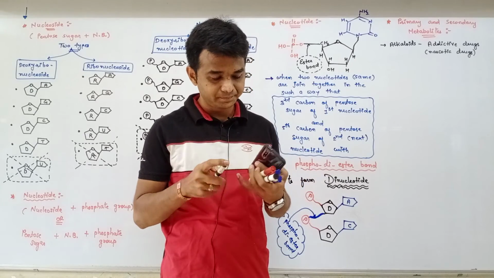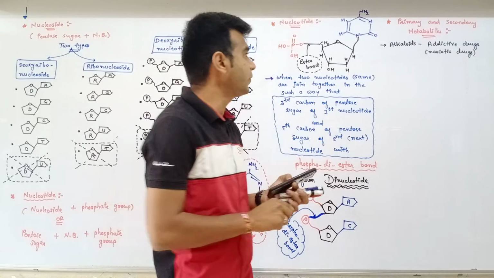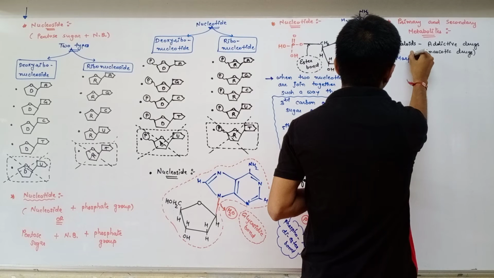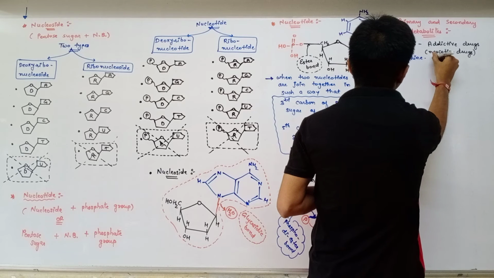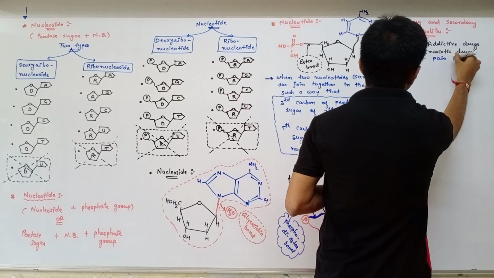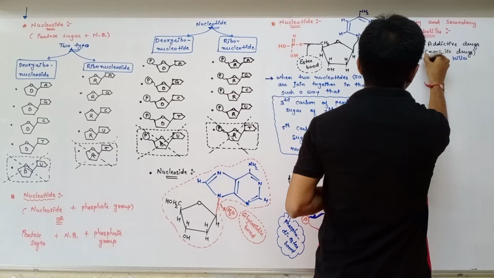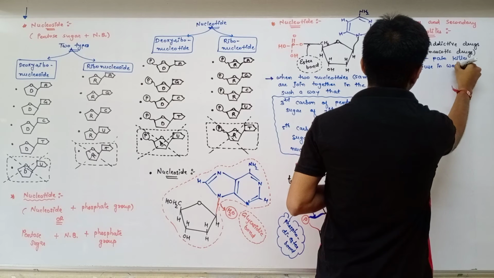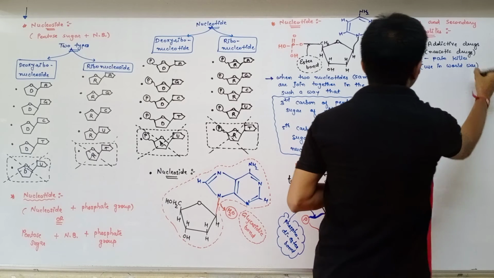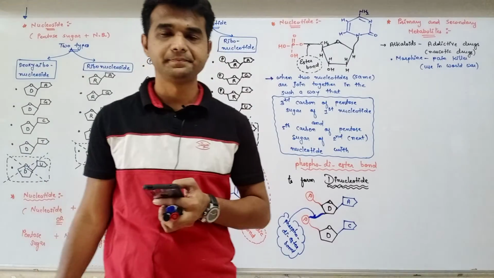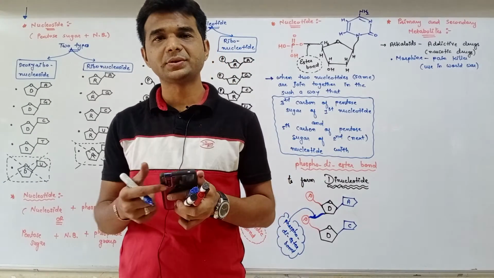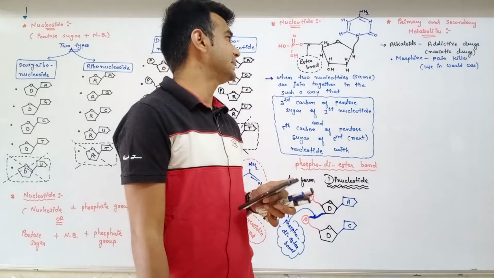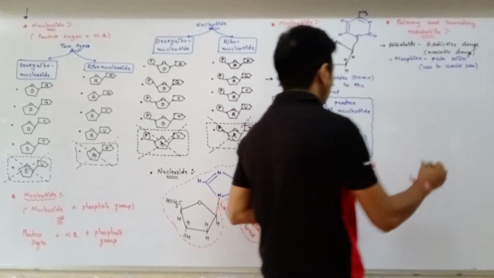Write that morphine is a painkiller. It was used in World War, where injured soldiers could use morphine. So morphine acts as a painkiller.